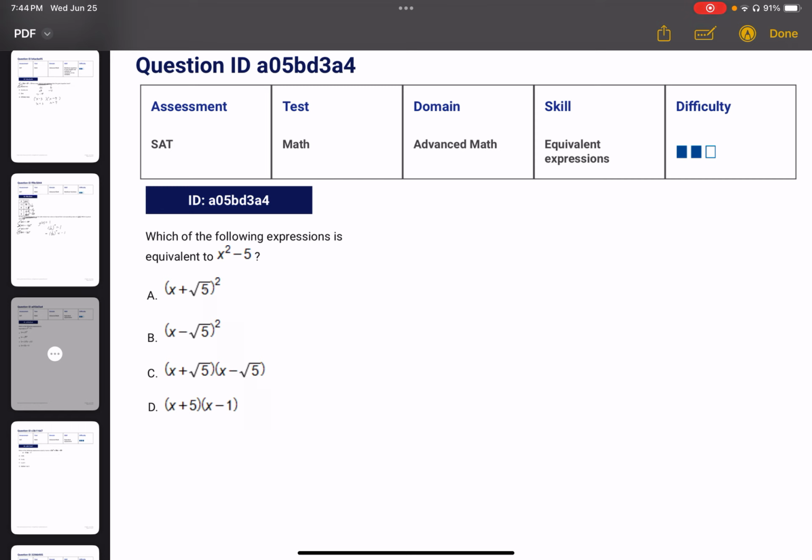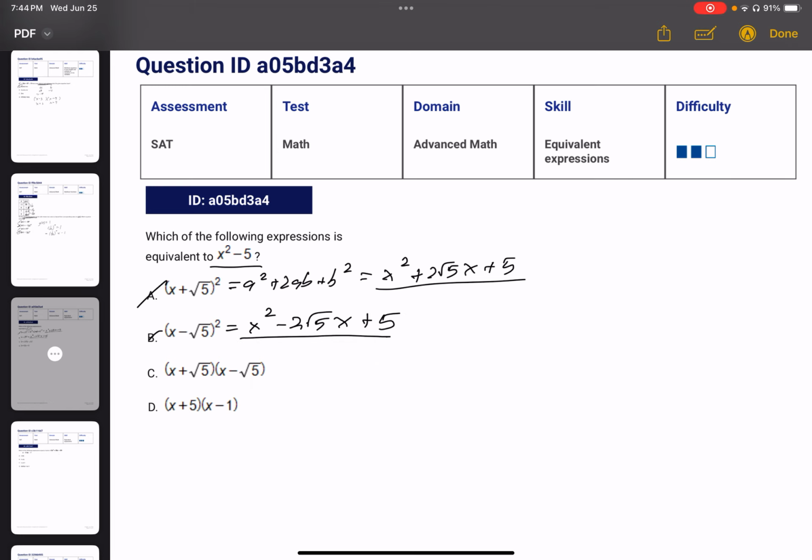So we have over here, we know that this is going to be equal to a squared plus 2ab plus b squared, which is equal to x squared plus 2 square root of 5 x plus 5, which is not equal to this. That's wrong. And then same thing here, it's going to be a squared minus 2ab plus b squared. So this is going to be x squared minus 2 square root of 5 x plus 5. Not the same thing, not this one.